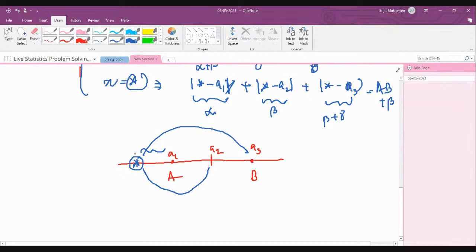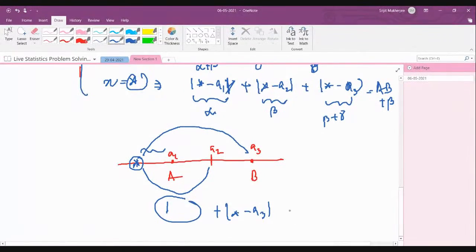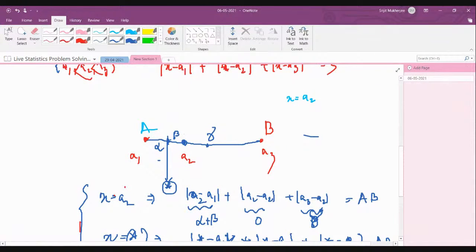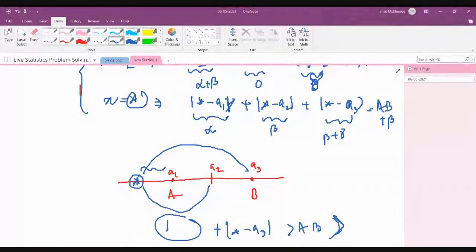You understand this? The star minus a1 plus star minus a3 is there now, which is greater than AB. So the entire thing is greater than AB actually. But the minimum value you have got is AB, right? The minimum value I've got is AB. So a2 is the minimum. For a2, the sum is the minimum. Did you understand now? For this proof of three cases.